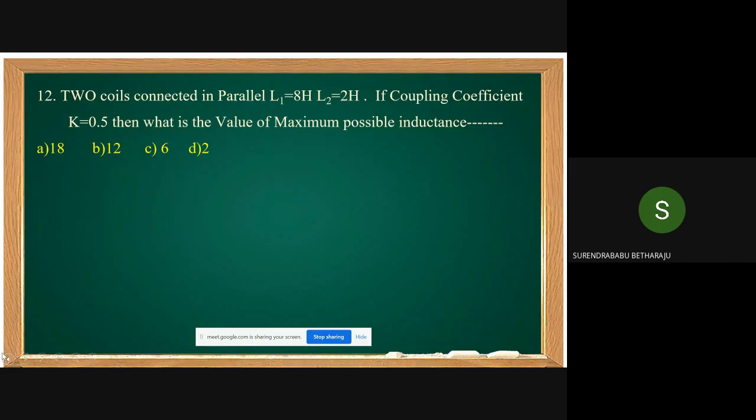Two coils connected in parallel, L1 equals 8 Henry, L2 equals 2 Henry. If coupling coefficient K equals 0.5, then what is the value of maximum possible inductance?